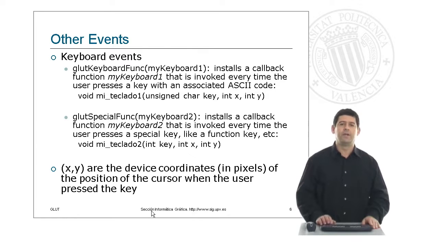An alternative event is when the user presses a special key, like a function key or a cursor movement key. In that case, the user will install the callback using GLOT special func, and the callback has the prototype shown in the slide. In both prototypes, X and Y are the device coordinates in pixels of the position of the cursor when the user pressed the key.